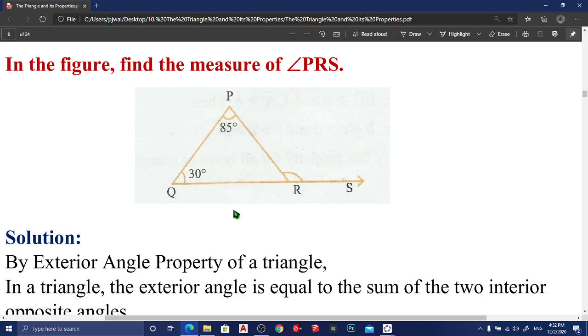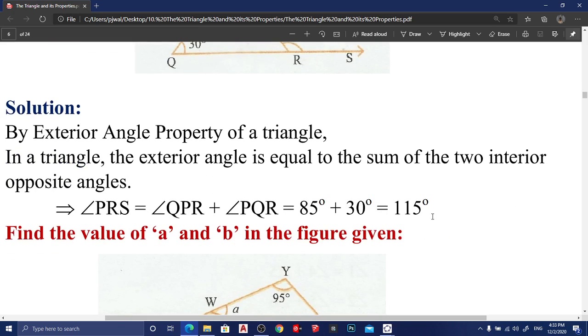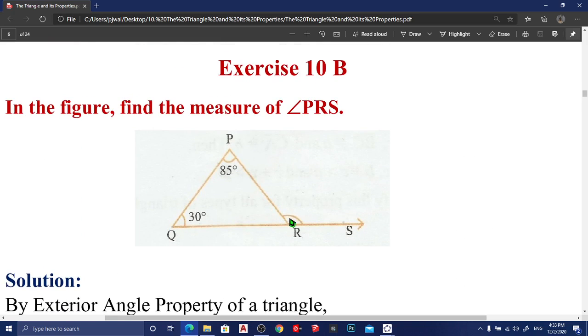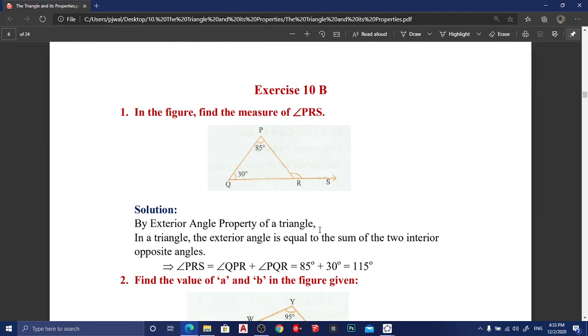Now which property can you apply here? Exterior angle property. You know that the exterior angle is equal to the sum of these two interior angles. How can you find this angle PRS? By adding these two you can find it out, 85 plus 30, which is nothing but 115 degrees. That's the answer here. Angle PRS is 115 degrees.